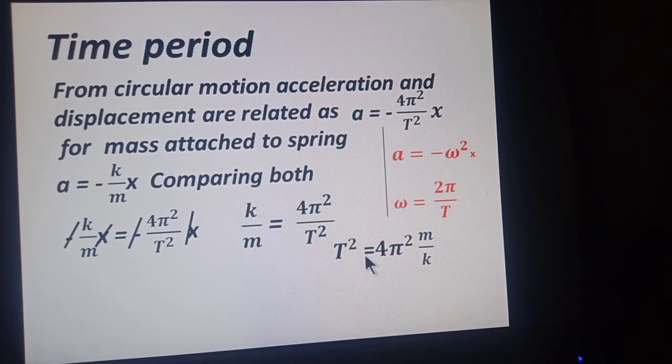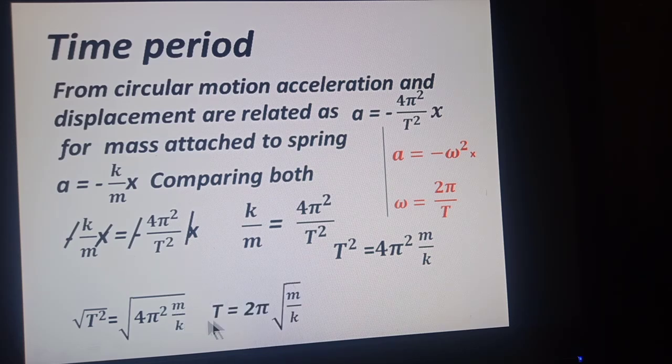T square is equal to 4 pi square m by k. Taking square root on both sides, square of the T will be cancelled with the root. Similarly, 4 becomes 2 when taking root, and square of pi will also be cancelled. So time period is equal to 2 pi under root m by k. It is the equation for time period of mass attached to spring.